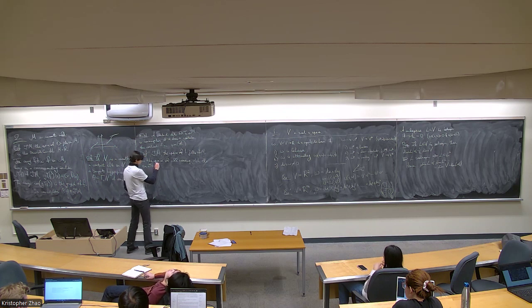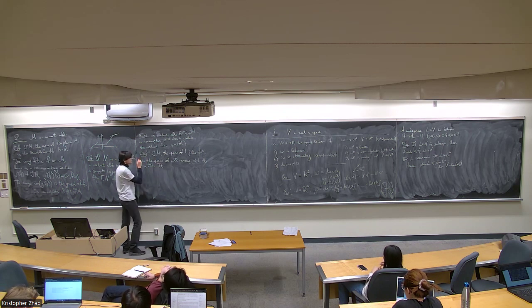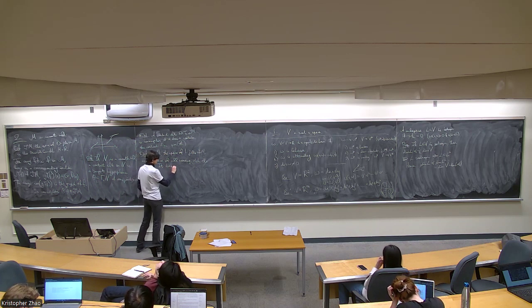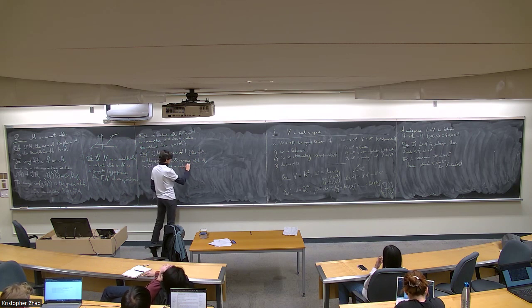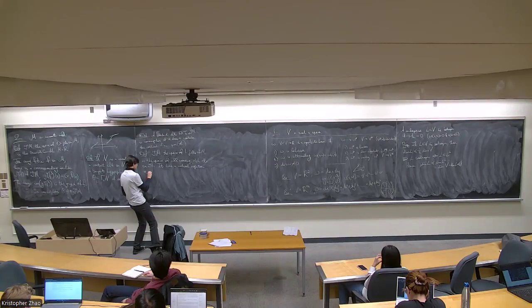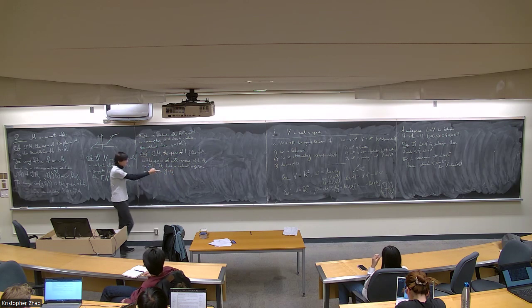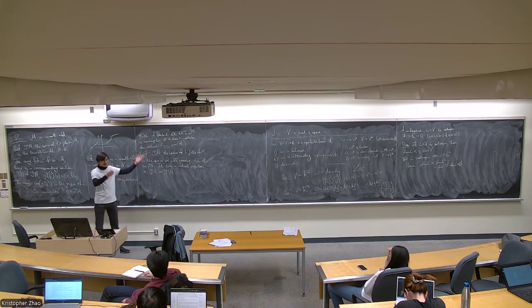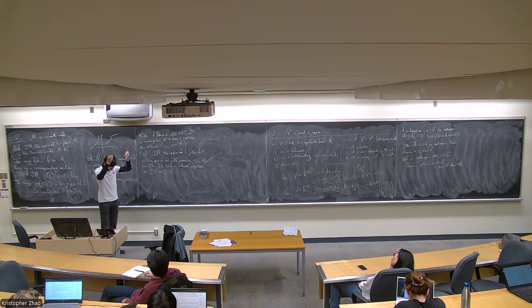But I will note that this space of one jets has a projection pi from J1 M to J0 M. After all, this is the space of all non-singular contact elements in J0 M. So if we have a non-singular contact element in J0 M, we just look at the point at which it is a contact element.